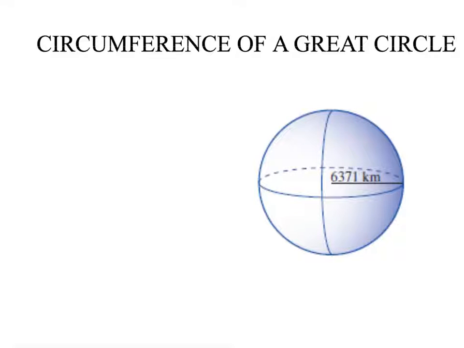So if we were to look at the circumference of a great circle, we would first of all need to understand why we've got the radius of the Earth set at 6,371 kilometres. So basically, the radius at the equator is about 6,378.14 kilometres, but the radius at the poles is only 6,356.75 kilometres.